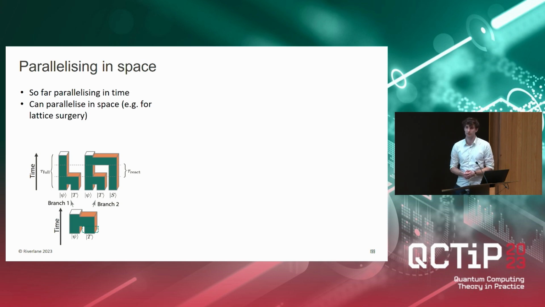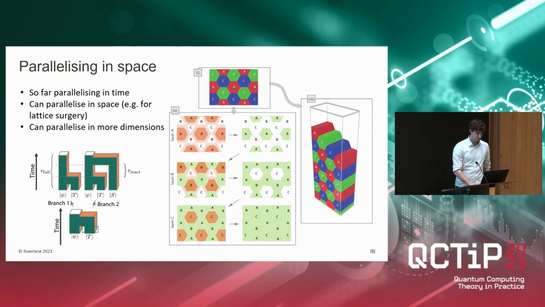This is very relevant for situations like lattice surgery, where we are doing logical operations, and we can get these very long codes, which have much bigger distance than the areas that we are trying to protect against, which make decoding very difficult. And in a similar way, we can break this problem apart into chunks that can be parallelized.